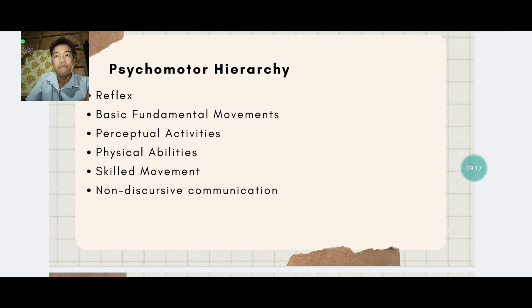Next is skilled movements. The sample learning outcome here is adapt one's behavior and movement to better achieve goals. The sample assessment here is a soccer or other strategic game. Next is non-discursive communication.